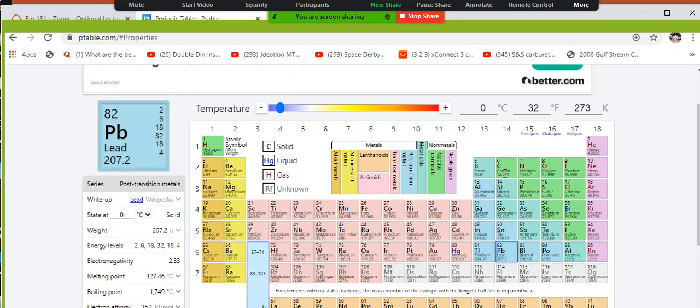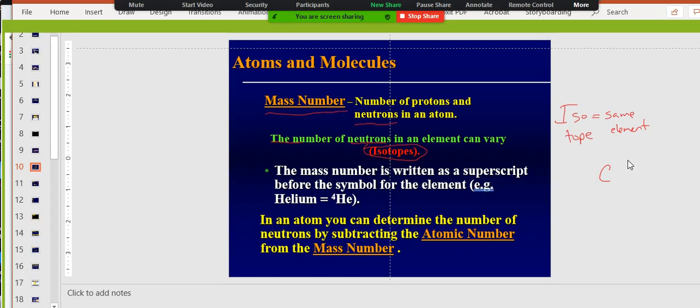So here's carbon. Carbon's mass is 12. Its atomic number is 6. So I'm just reminding you guys. The standard carbon has a mass of 12 and atomic number of 6. So that means it has how many protons? 6 protons.